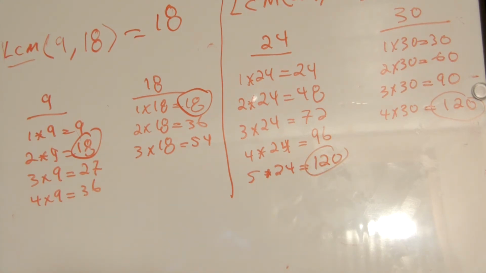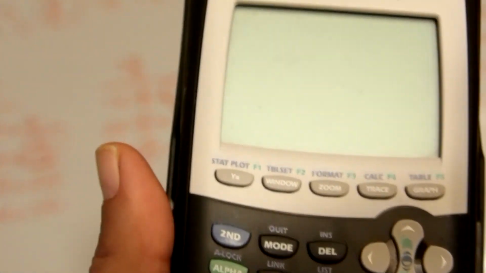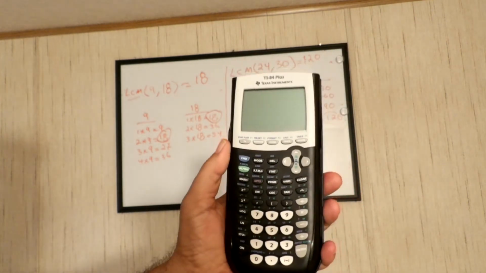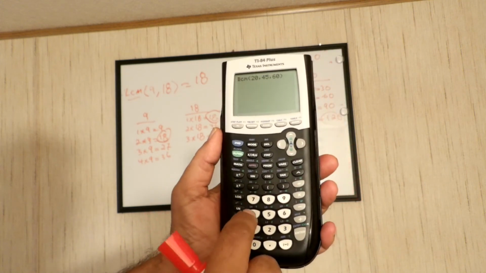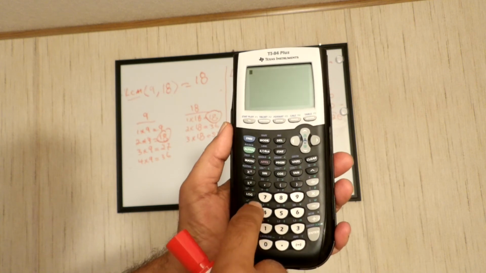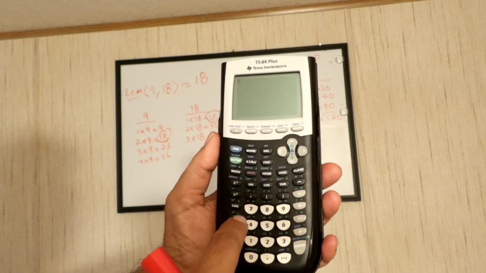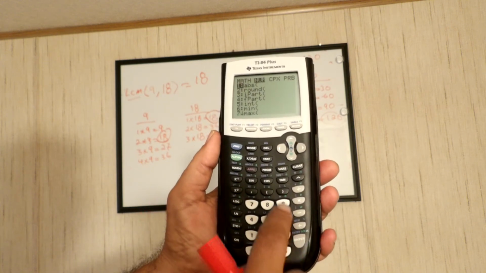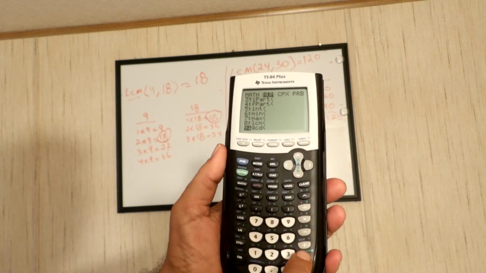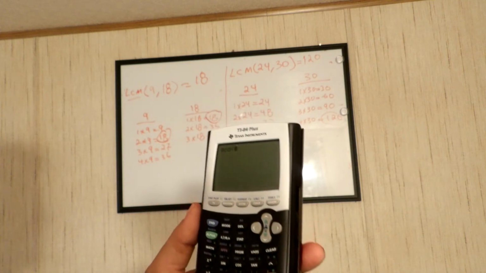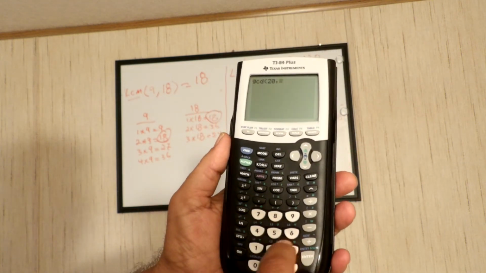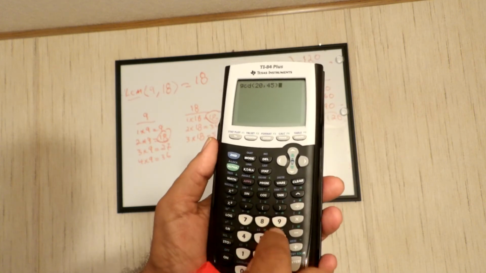Okay, let me show you here. If we have three numbers and you want the GCF, the GCD of three numbers: math, num, and then you come down here to GCD, enter, and then you enter the numbers, for example 20, 45, and then you close the parentheses.